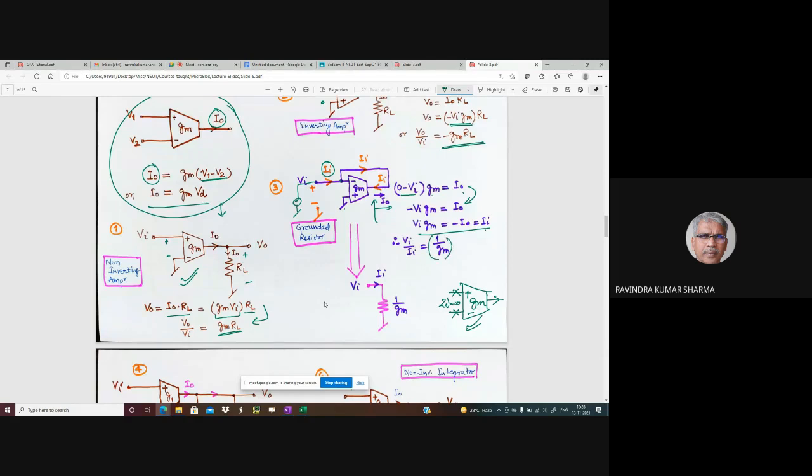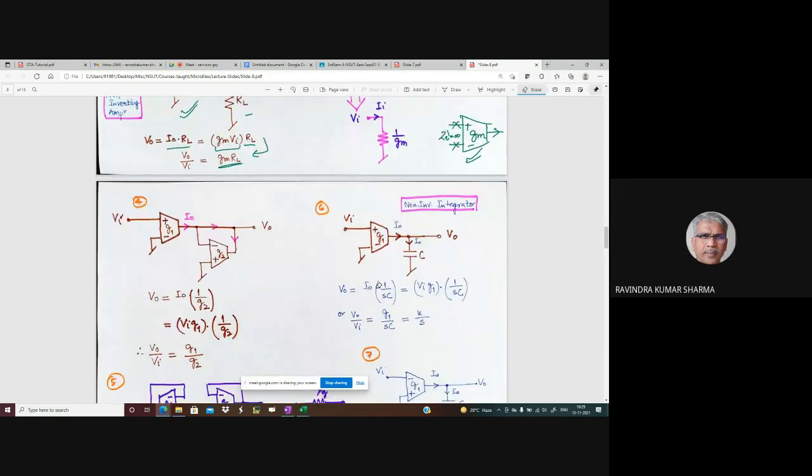This means this circuit is behaving as a grounded resistor, of which value is 1 by GM. So third circuit is nothing but a grounded resistor. Is that okay? Yes, sir. Fine. Now let us move ahead.